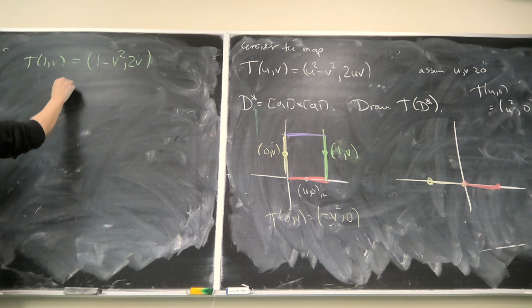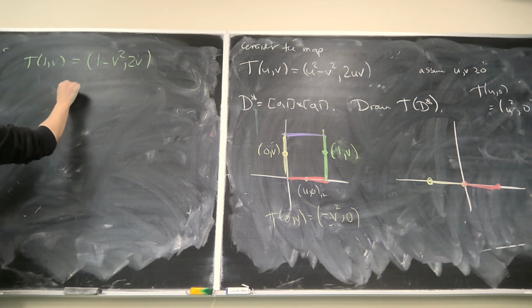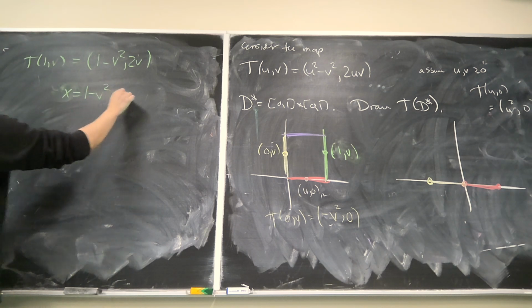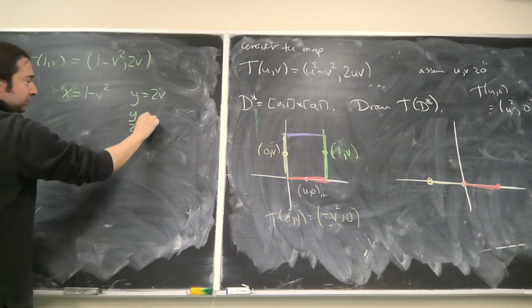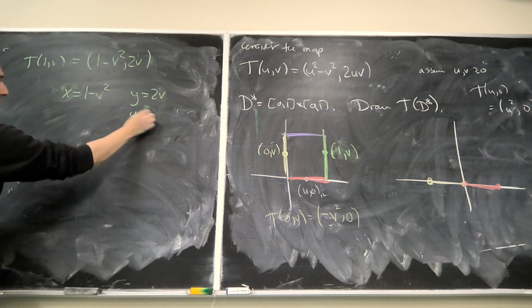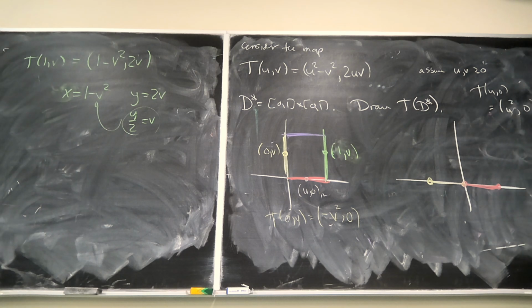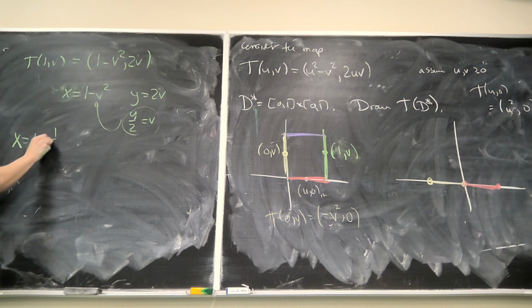This says that x is equal to 1 minus v squared, and y is equal to 2v, which means y over 2 is equal to v. And if I took this and plugged it back over here to get a relation between x and y, I'm going to get x is equal to 1 minus 1/4 of y squared. So eliminating the parameter here says that the image of the green line is a parabola.